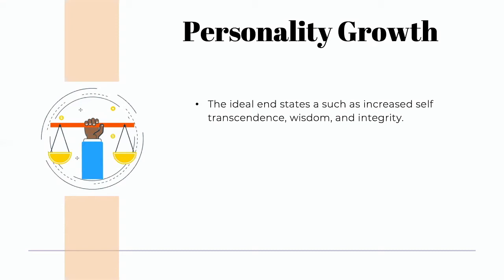But as we grow and increase with age, our integrity should increase as well. So we hopefully will lie less. We won't feel a need to lie to our parents or people in authority.